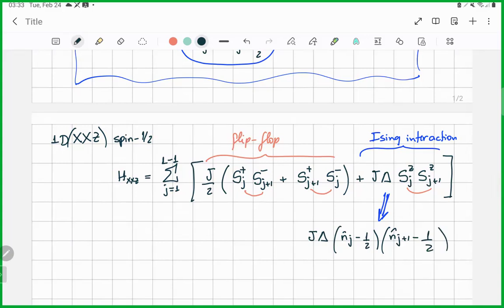Okay, now the other part is the most interesting one. I'm just going to write what we are going to get, and then we are going to study it a little bit more carefully. This one becomes J over 2, and we have now the creation and annihilation operators showing up, and you will see that we get this term.